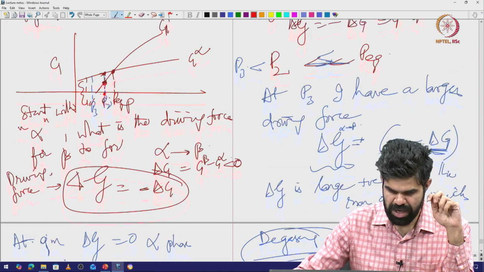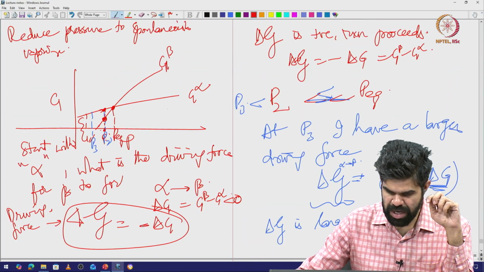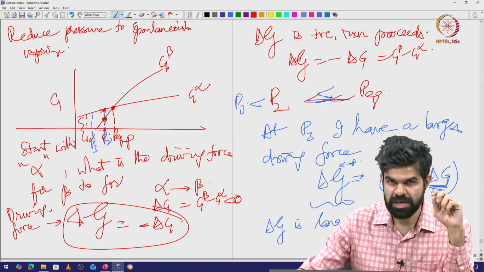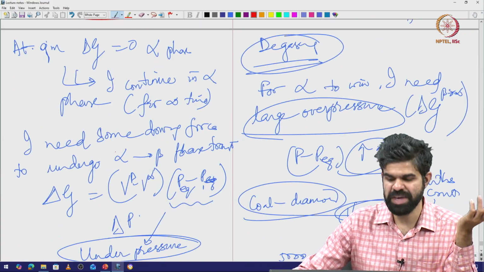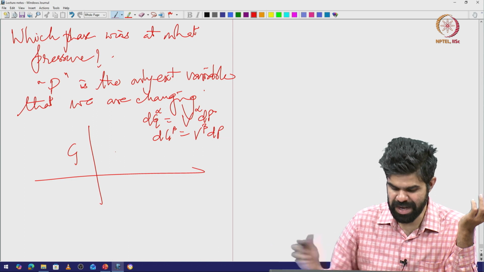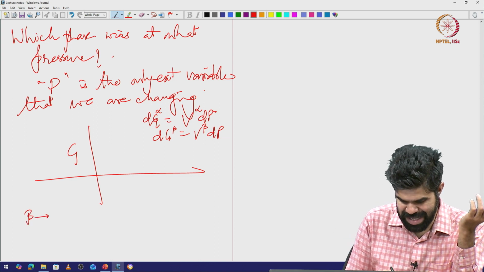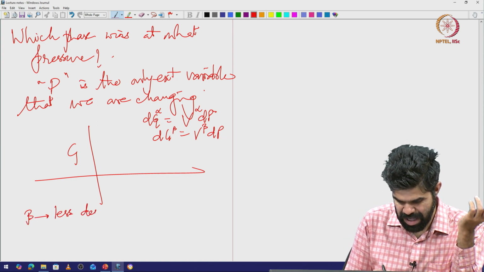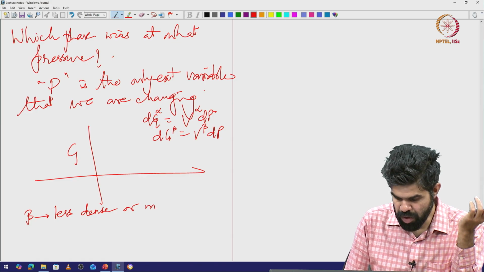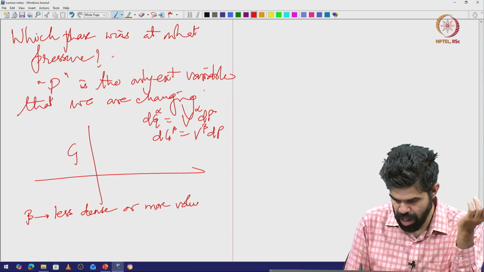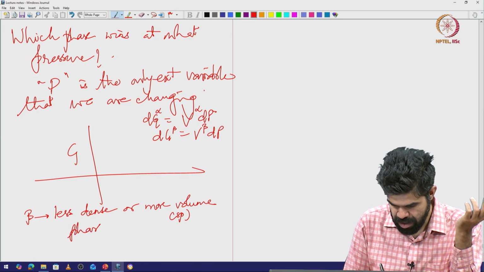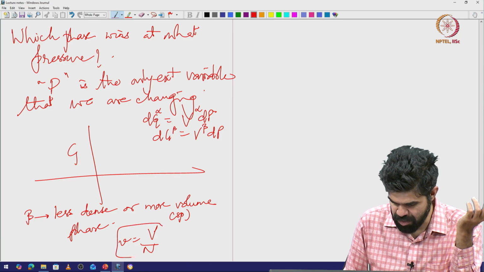If I go back, I am going to say that beta is the low volume phase, or it is the more rarer phase. Beta is the less dense or more volume phase. By volume I mean specific volume, and specific volume v equal to capital V by capital N. N is the number of moles.